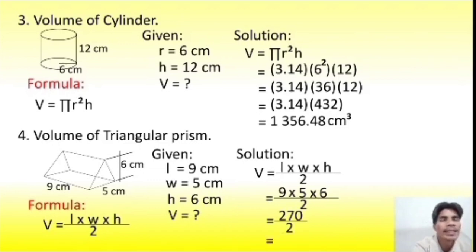Then equals 270 divided by 2 is 135. Then copy the unit cm, then write cube. So the volume of the triangular prism is 135 centimeter cube.